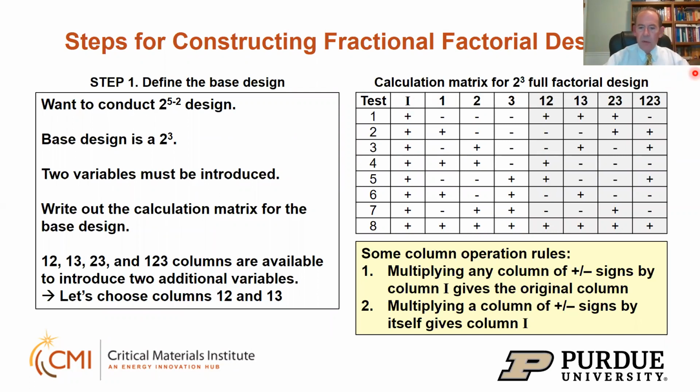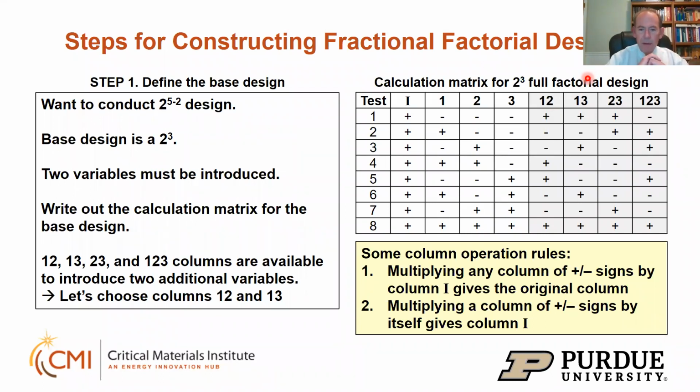Again, as a reminder, we obtained the signs for these columns by multiplying columns 1 and 2, 1 and 3, 2 and 3, and then all columns together, 1, 2, and 3. So for now, let's use the signs in column 1 2 to introduce variable 4, and the signs in column 1 3 to introduce variable 5. And we'll see what that gets us.